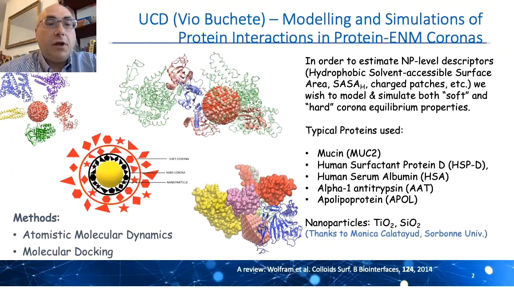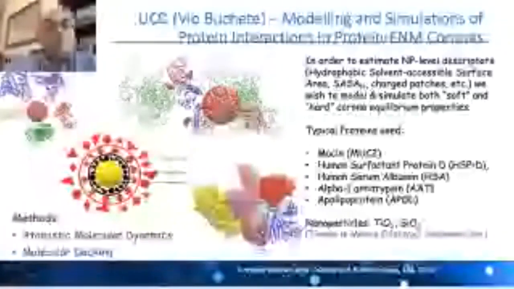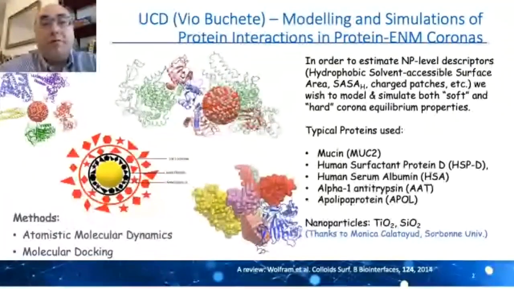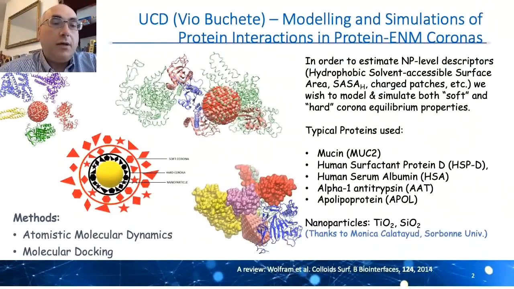So they get covered with proteins, and several approaches to quantify this process have been proposed, and it is understood that there are molecules that bind tightly to the nanoparticle surface, for example, and we call them, according to the literature, you have a review here at the bottom, the hard corona, and the softer, less well bound molecules on the outer layers, they form what's known as the soft corona.